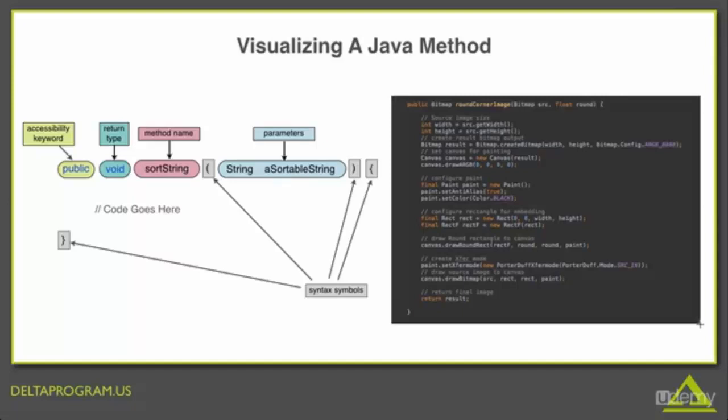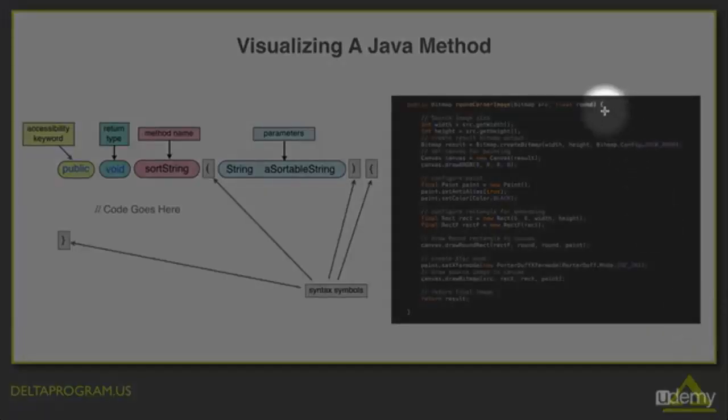The braces represent the beginning and end of the code, as you can see them here and here. So this entire block of code is the method. The parentheses here and here are most helpful in telling us where to look for the method name.